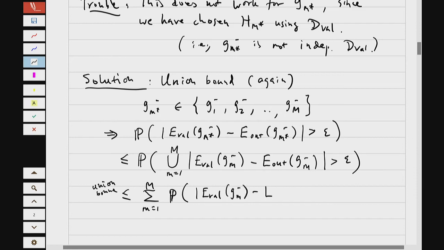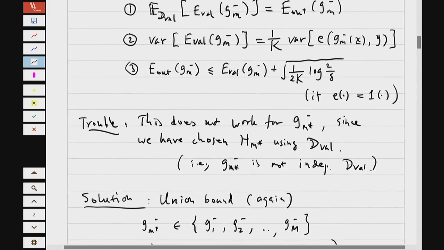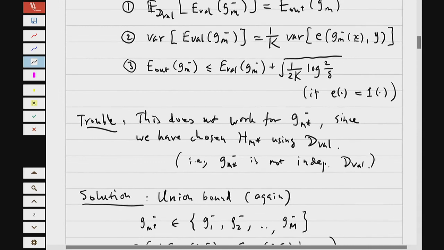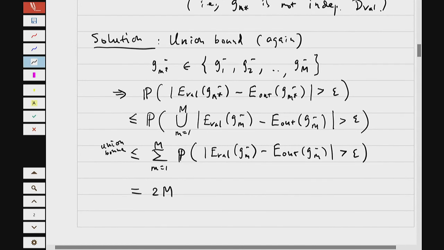Of course, each one of them has m just arbitrarily chosen, therefore the previous bound holds, say the Hoeffding bound. So each one of them has the same Hoeffding bound. Therefore, we have 2 times M times that Hoeffding bound, which is e to the minus 2 epsilon squared K now, because instead of N, we have K validation data points.